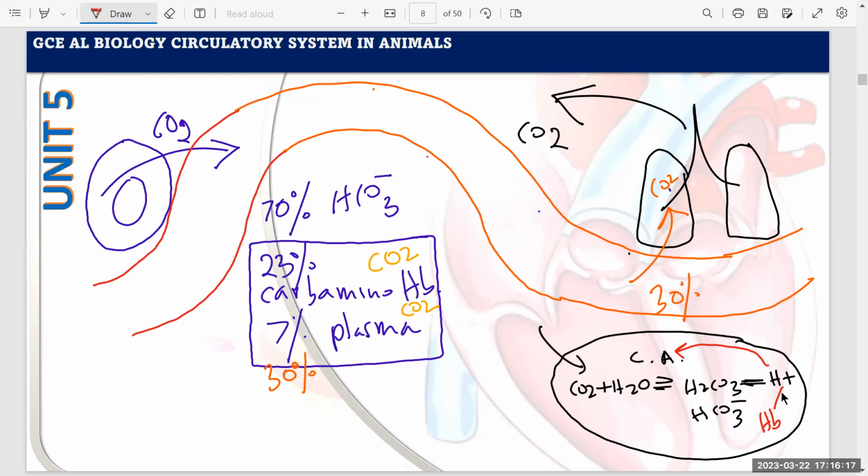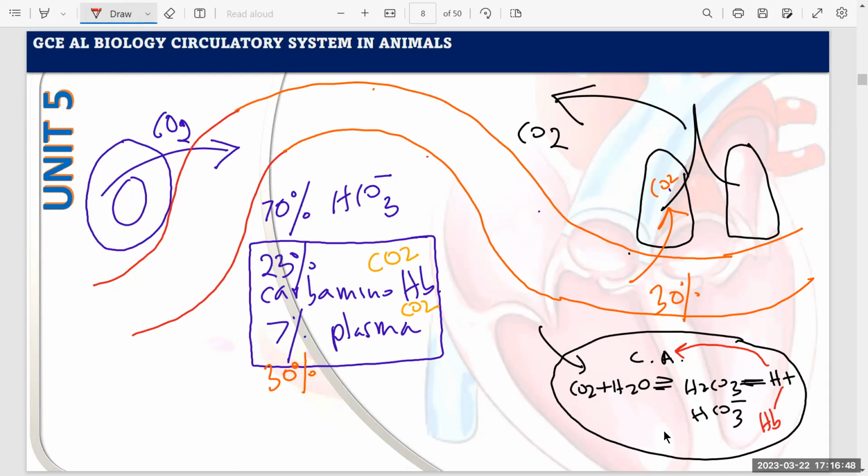It's not existing as hydrogen ions when it binds to hemoglobin. In chemistry, these kinds of things are called buffers. Buffers are chemicals which can keep the pH unchanged. So hemoglobin acts as a buffer. When hydrogen ion increases, it takes the hydrogen ion, and pH doesn't change.